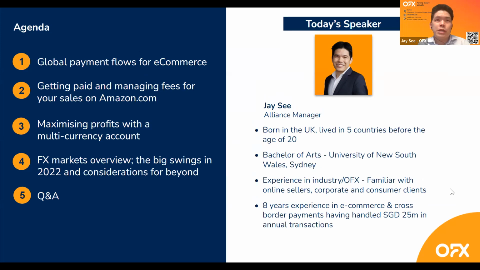My experience in the industry, besides OFX, has given me interactions with online sellers, corporate and consumer clients. Online sellers, obviously, applies to most of us here today. In terms of cross-border payments and e-commerce experience, I've got 8 years of that. I handle on average about 25 million a year, in Sing dollars, in annual transactions.